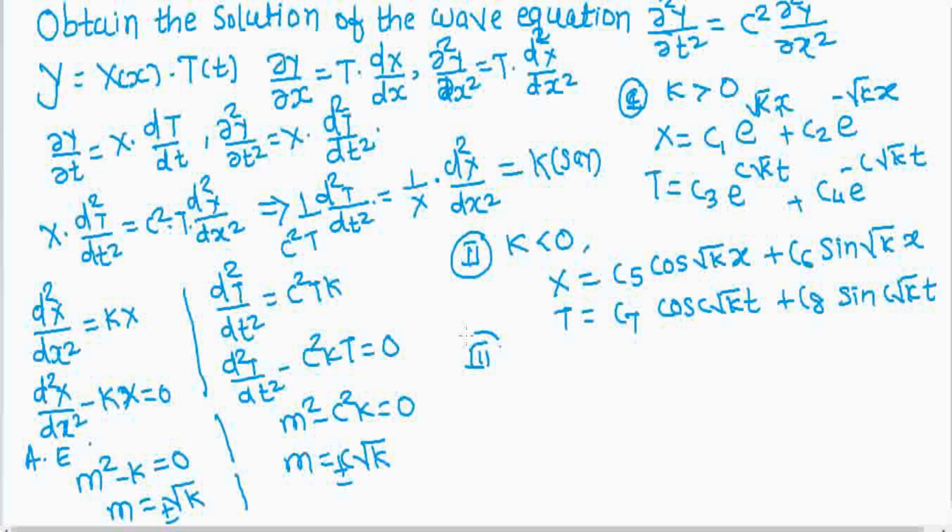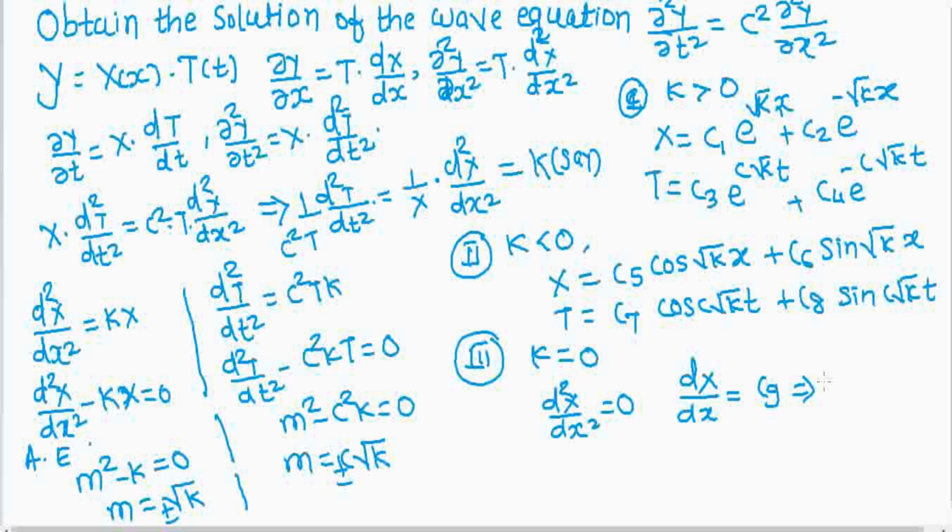And the third condition, when k is equal to 0. So when k equal to 0, you can directly integrate this equation. d2X by dx square equal to 0 we get. So integration gives us dX divided by dx equal to constant c9.